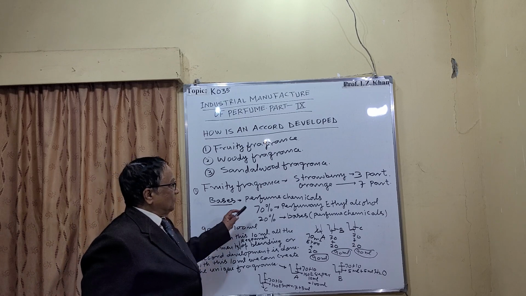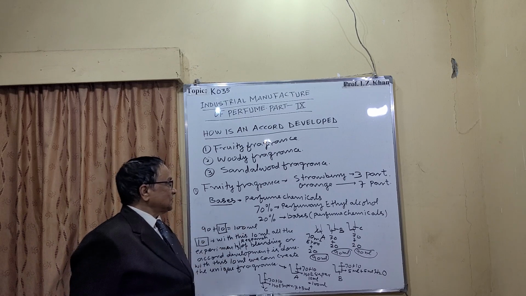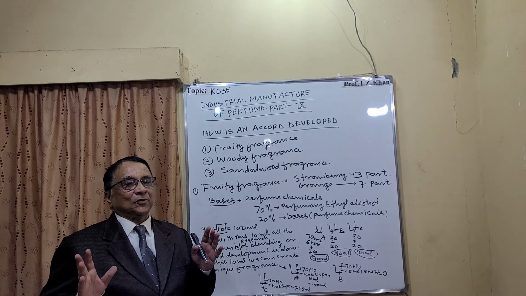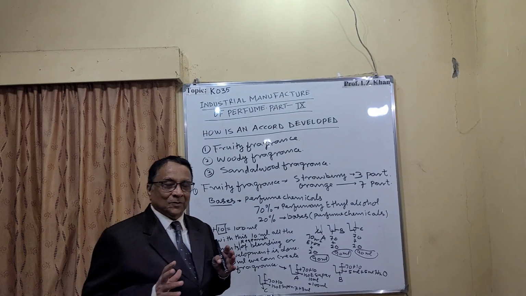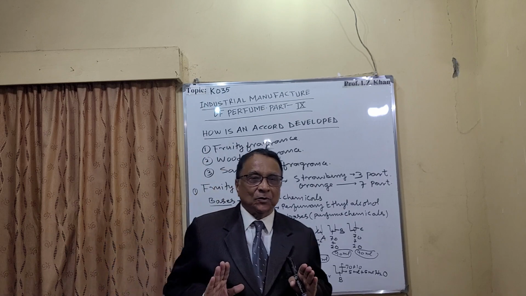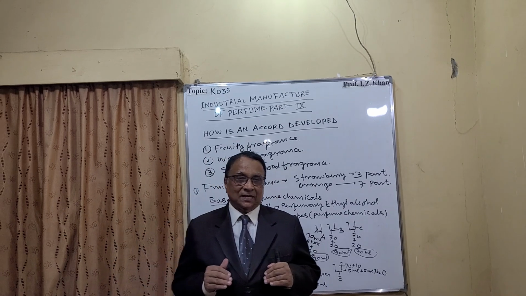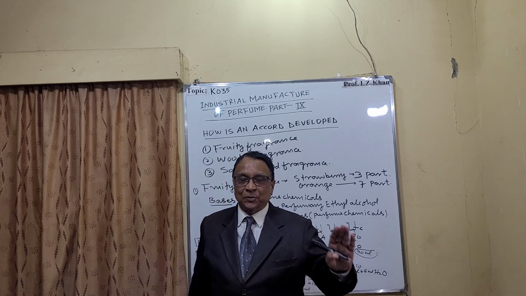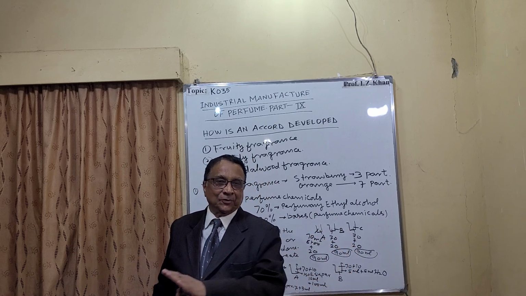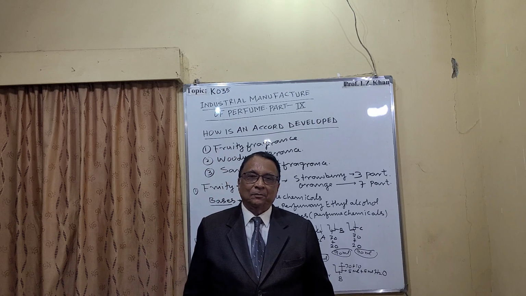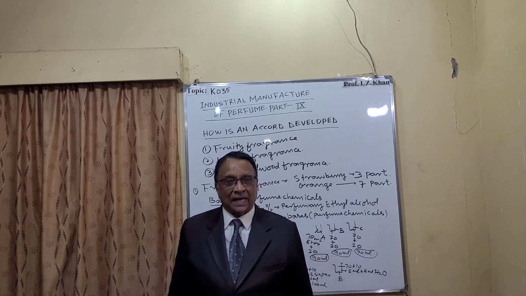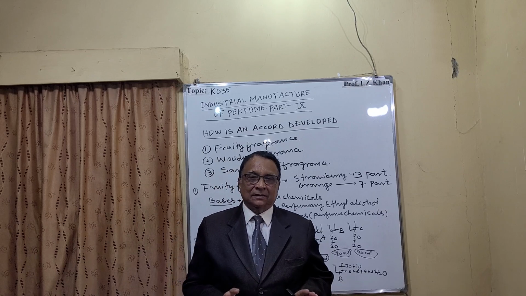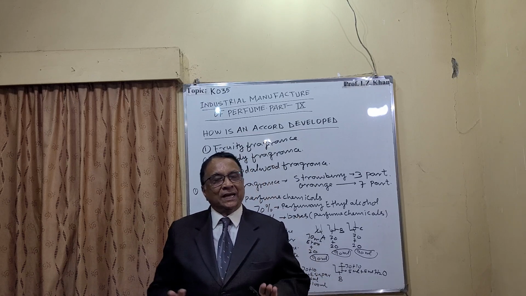And then bases, that is perfume chemical bases. For that, you have to prepare the base first. That is called the base note. In that base note, you have to take 70% of your perfumer's alcohol, that is ethyl alcohol, and into it you add 20% perfume chemicals.